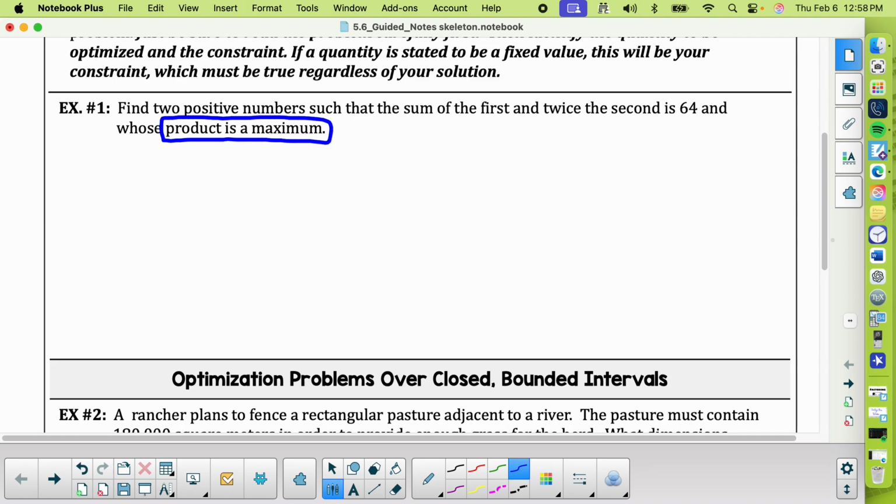In one way or another, it will have to say maximum or minimum, even if it is inferred. The wording will let you know what's being asked. I want to say on the AP test, I don't think they would ever infer it. I think they would directly say maximum or minimum. So whatever we are asked to maximize or minimize is going to be our primary objective for the problem. On this one, the product of two numbers.